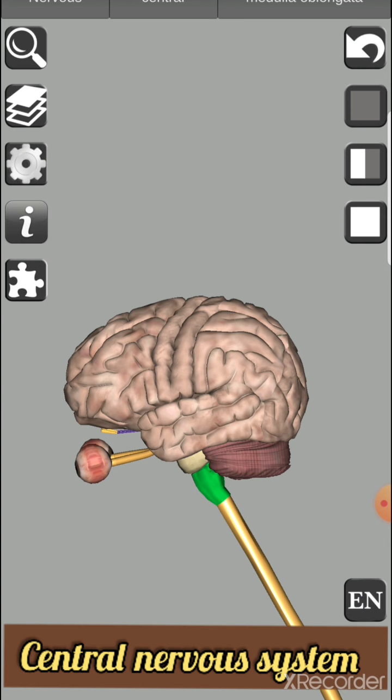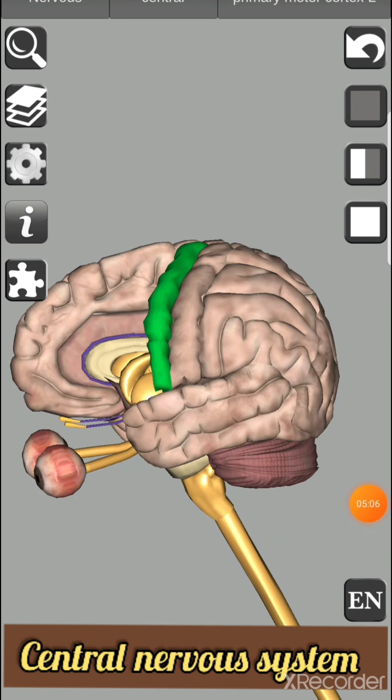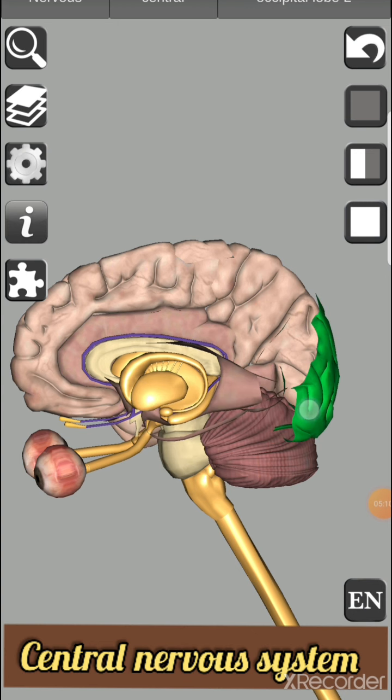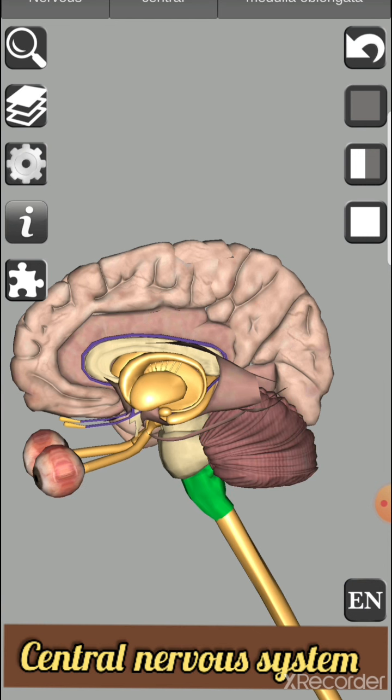Let us see the section of the brain, the inside part. After we remove one side hemisphere, here you can see the uppermost part, the largest part of the brain, known as the cerebrum. The lower part is the cerebellum, and this is the medulla oblongata.